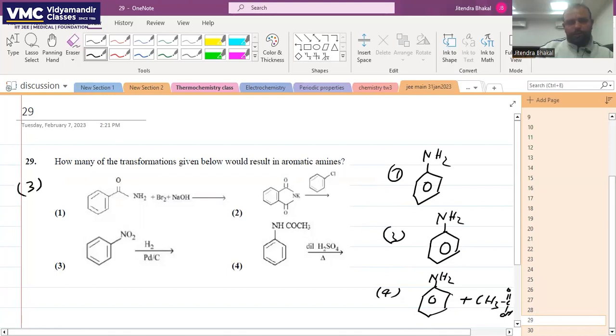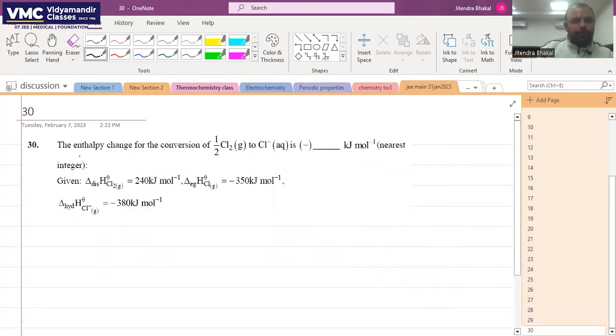The last question is the 30th question. The enthalpy change for the conversion of half Cl2 to Cl minus. We need to calculate the enthalpy change for this reaction, half Cl2 gas to Cl minus aqueous, say delta H1.